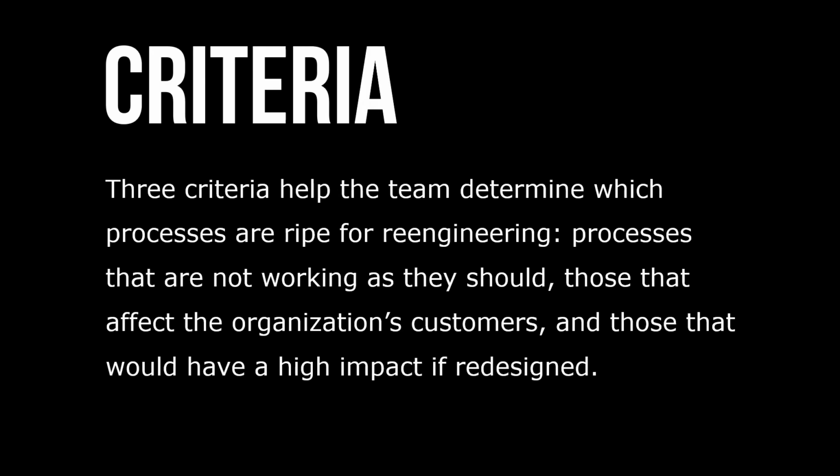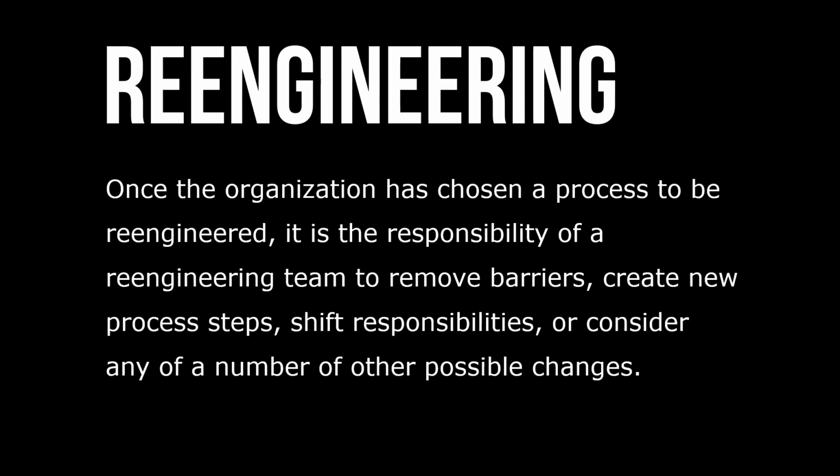Three criteria help the team to determine which processes are ripe for reengineering: processes that are not working as they should, those that affect the organization's customers, and those that would have a high impact if redesigned. Once the organization has chosen a process to be re-engineered, it's the responsibility of the re-engineering team to remove barriers, create new process steps, shift responsibilities, or consider any other number of possible changes.